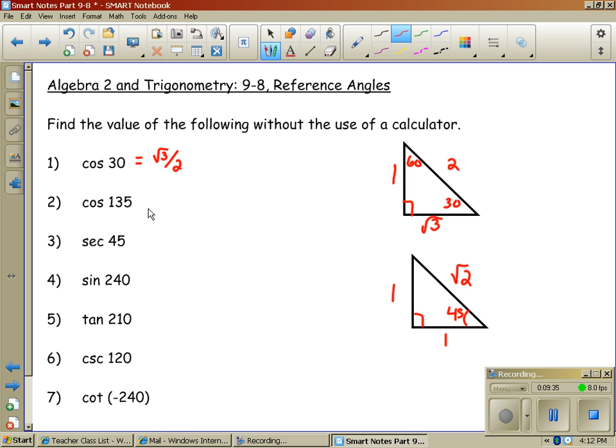Cosine of 135. What we're going to do now is use the concept of these triangles and also the reference angle. So let's talk about where 135 is. 135 is in the second quadrant.